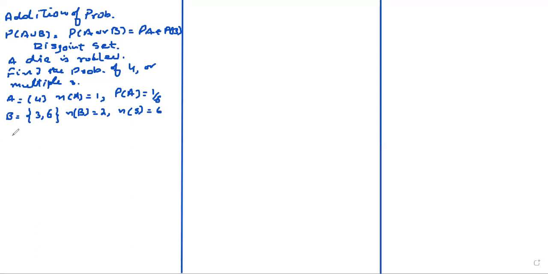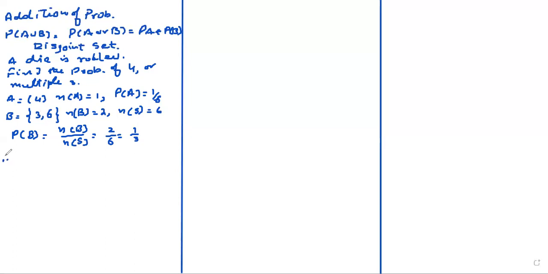So probability of B equals n(B) over n(S) equals 2 over 6 equals 1 over 3. And we can see that A contains 4, B contains 3 and 6. Nothing is common to them. So these are called disjoint sets.